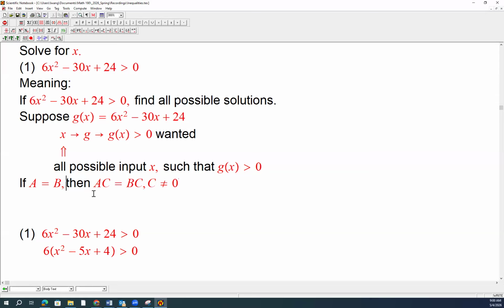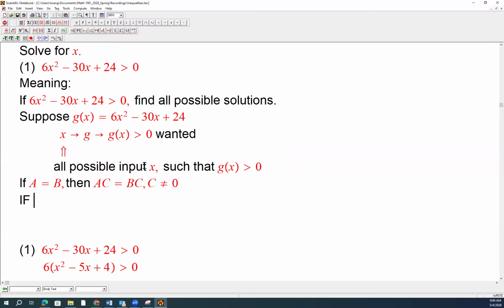However, for inequality, suppose that we have: if A is larger than B. The equal is changed to larger. Can we just directly change this equal to larger?